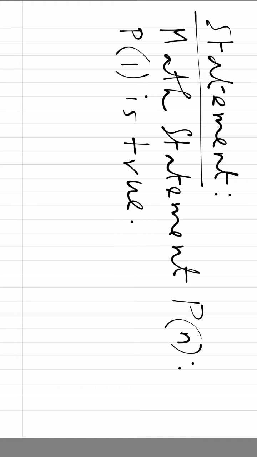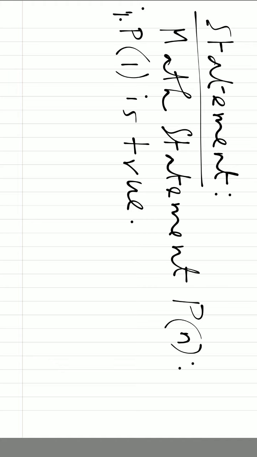Instead of 1, it can be any natural number, but it is the first natural number where the statement is true. Sometimes we also say that the statement Pn is true at some initial point, and here we are taking the initial point to be 1.